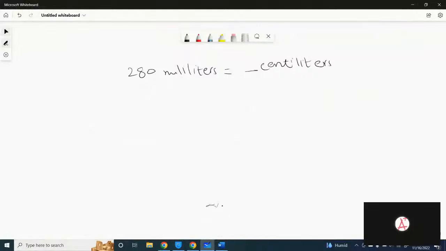In 1 milliliter you have 0.1 centiliters. Got it?